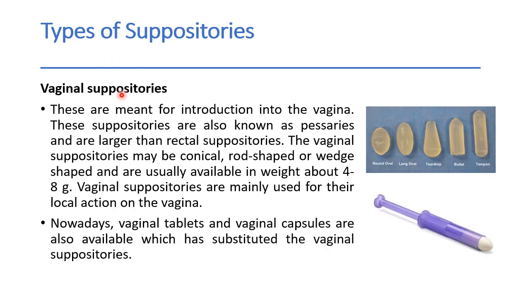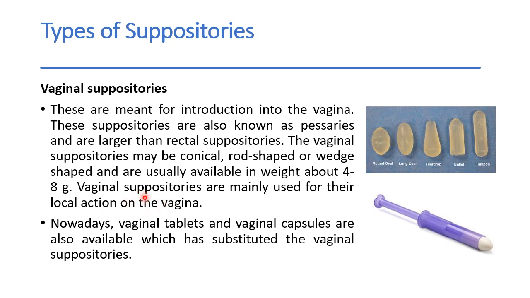The other type of suppositories is the vaginal ones. These are meant for introduction into the vagina. These suppositories are also known as pessaries. They are larger than rectal suppositories. Their shape is either conical, round, or wedge-shaped, and their weight is 4 to 8 grams.